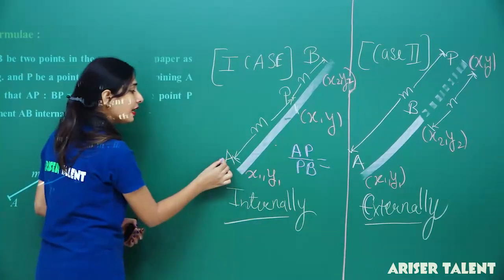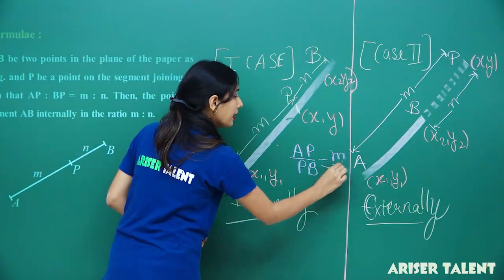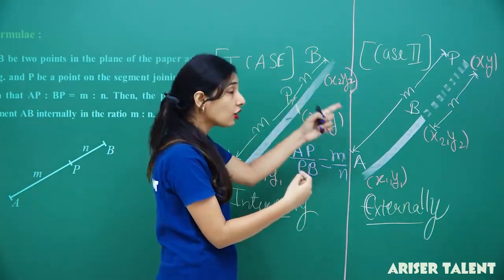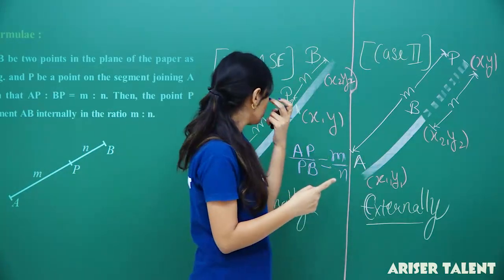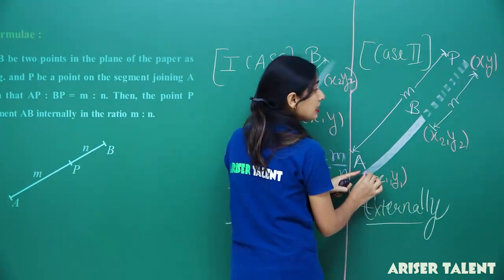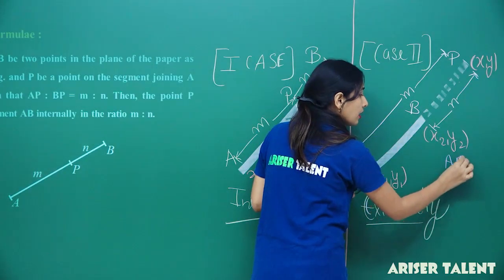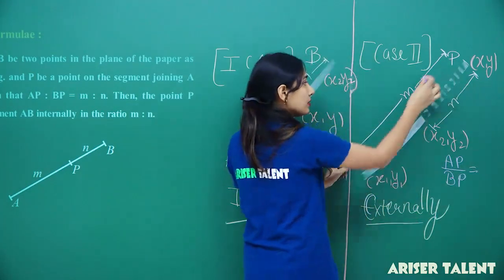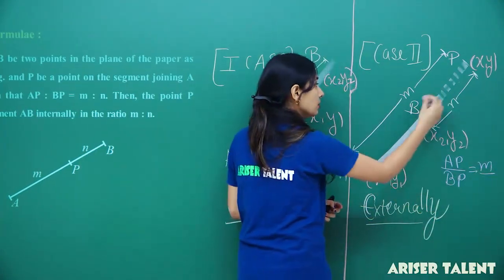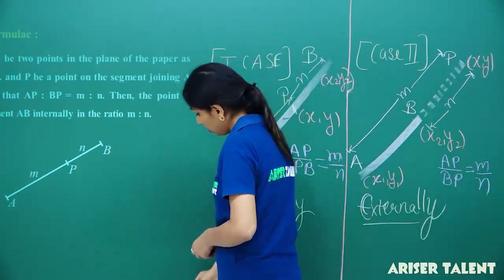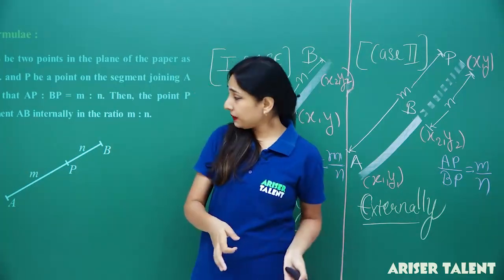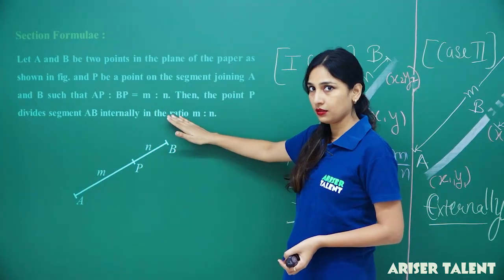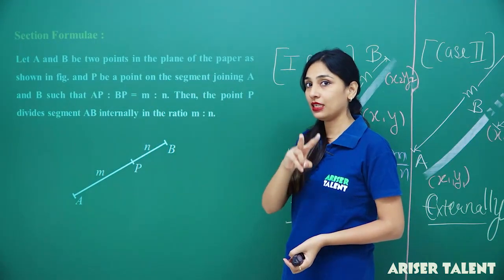Simply, just put the values AP equals M and PB equals N. Similarly, guys, if you talk about case 2, this AP by this BP, AP equals M and BP equals N. So again, AP and BP is in the ratio M to N, in both cases.